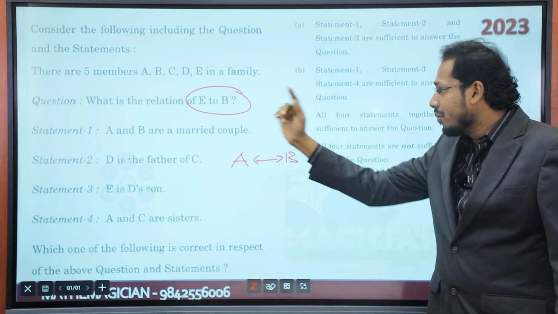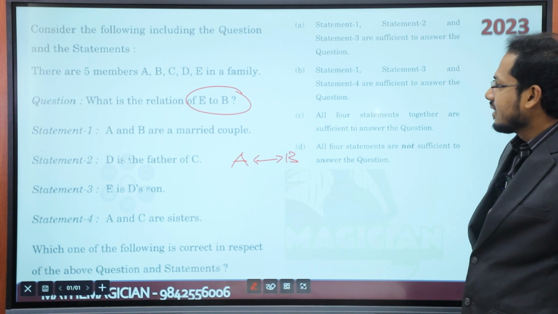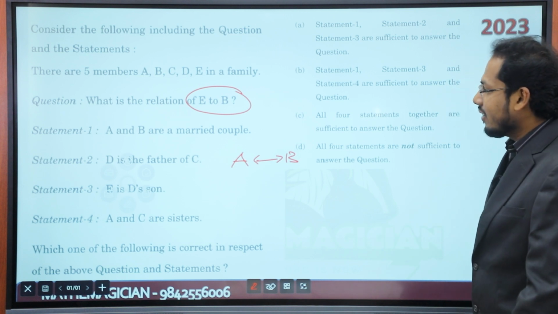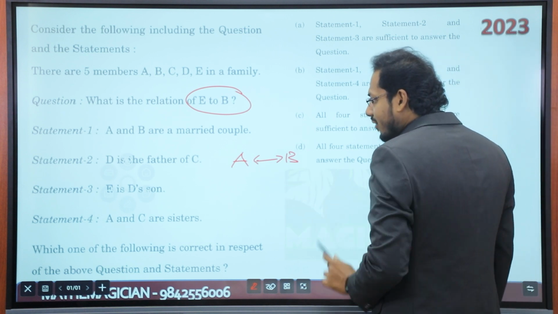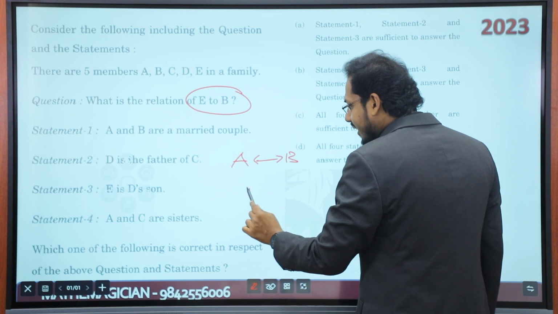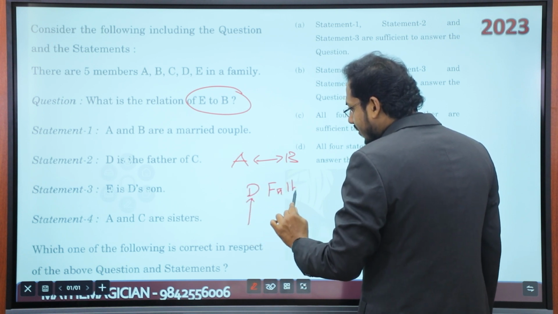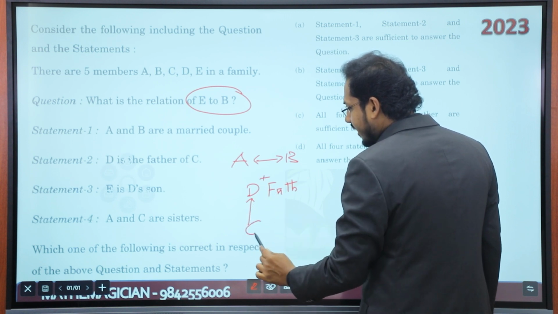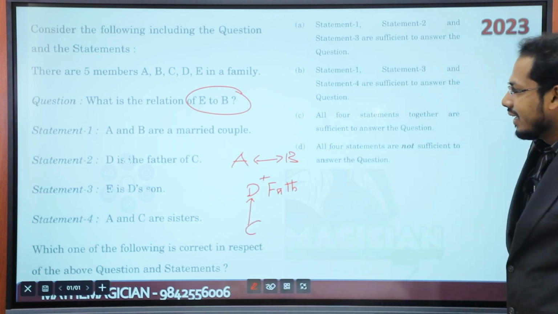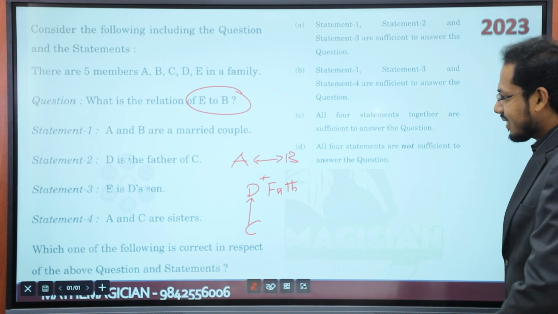Here they are not talking about E. Next, statement 2: D is the father of C. D and C are not given earlier, but they say D is the father of C. Next, E is D's son.